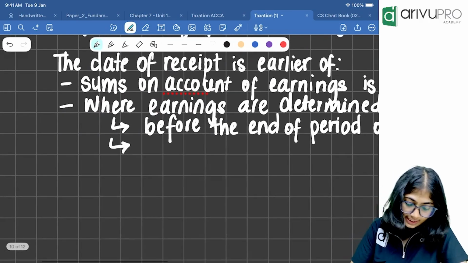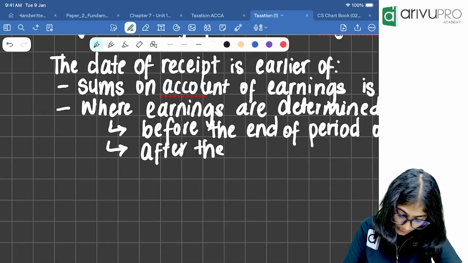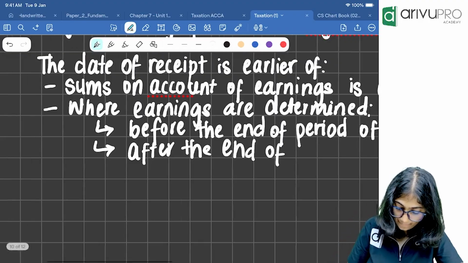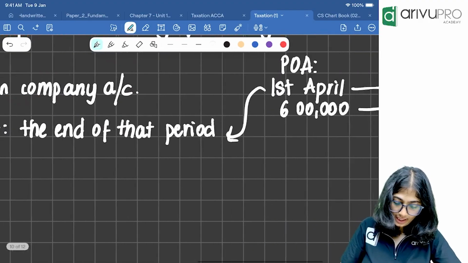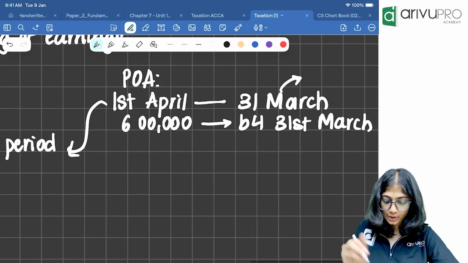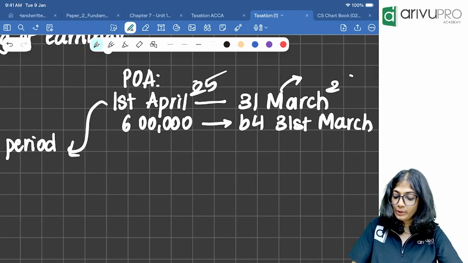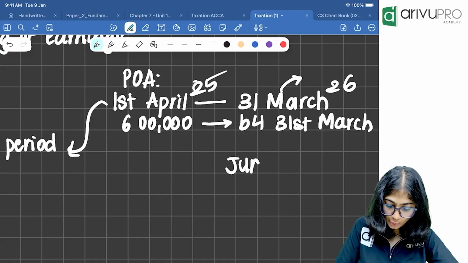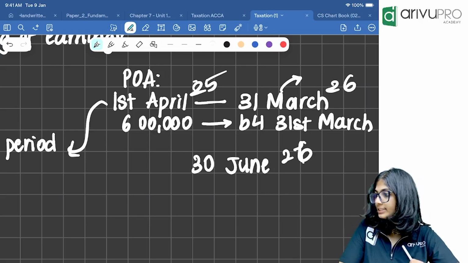Okay. Let's say your earnings have been determined after the end of period of account. So what's going to happen? Let's say 1st April 2025 to 31st March 2026. Let's say your earnings have been determined on 30 June 2026.